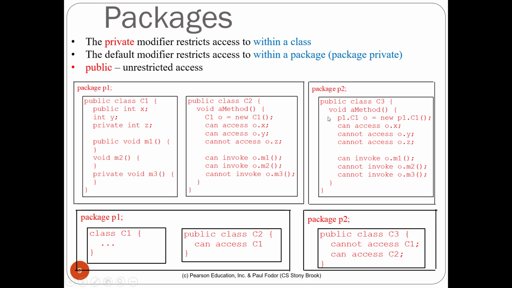How do you do that? You'll say P1 period C1 O is equal to new. Again, the constructor should also be called in the same manner. You should say P1 period C1. That's how you have to call the constructor from a different package, which is P1.